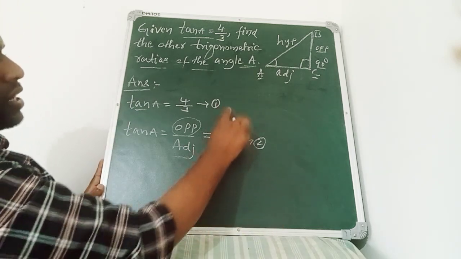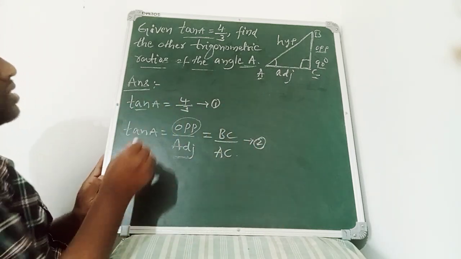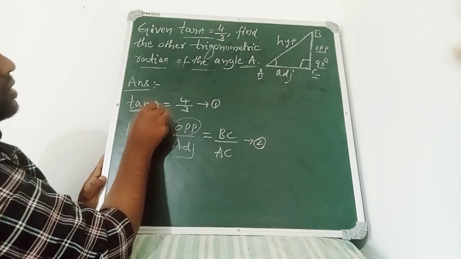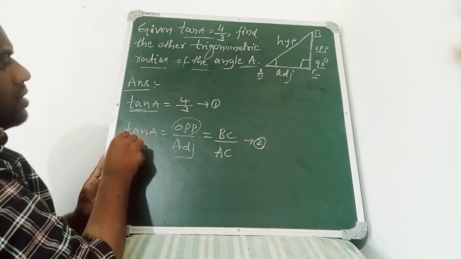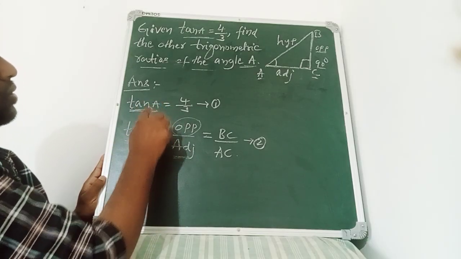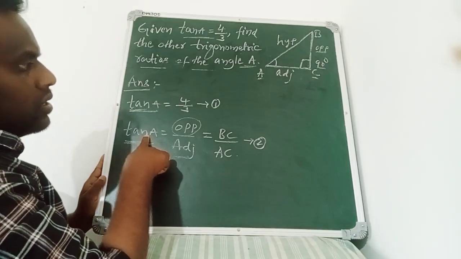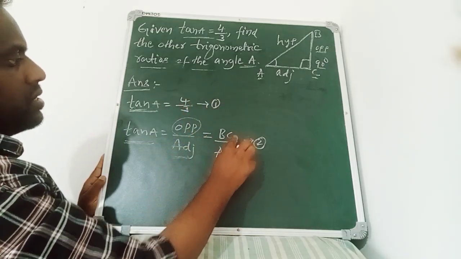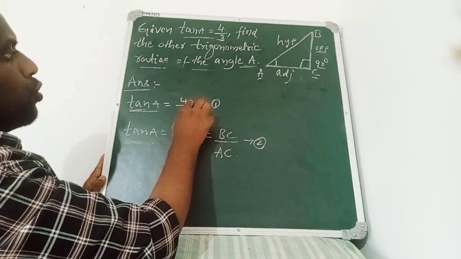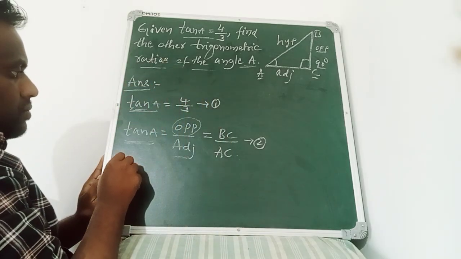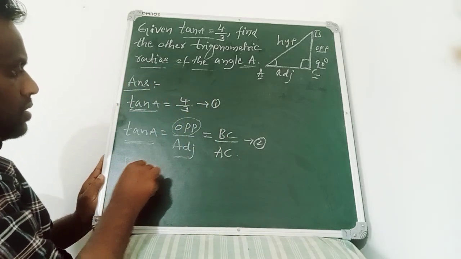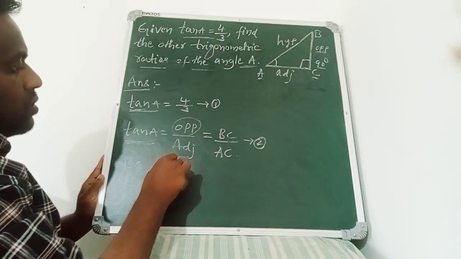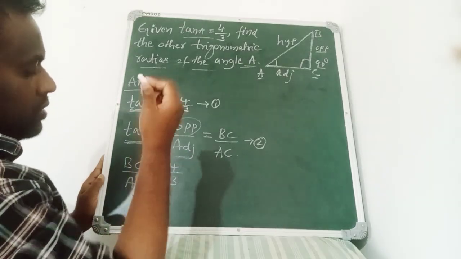So now compare the equations 1 and 2. See here, this side also same tan A, this side also same tan A. When this and this are equal, so this and this should be equal. That means BC by AC is equal to 4 by 3. I will write here. BC by AC is equal to 4 by 3.